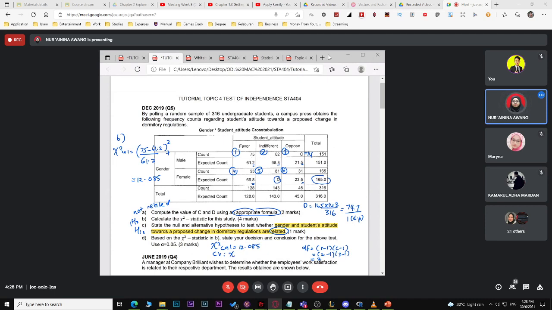So here you look up the value, you will read 0.05, and then you will get the value 5.991. Okay, and then you compare, since this value is more than, you reject your H0.